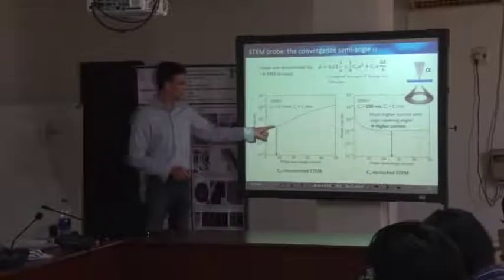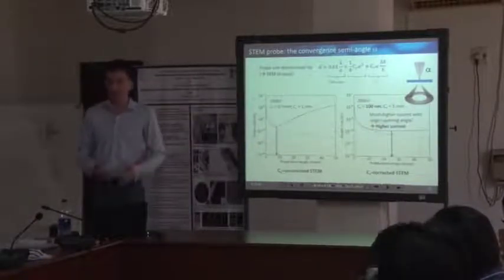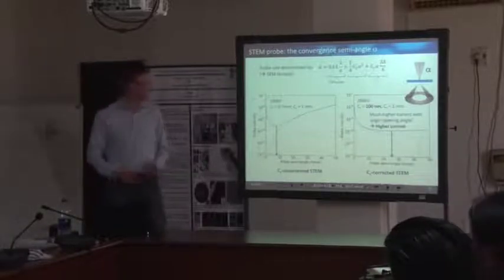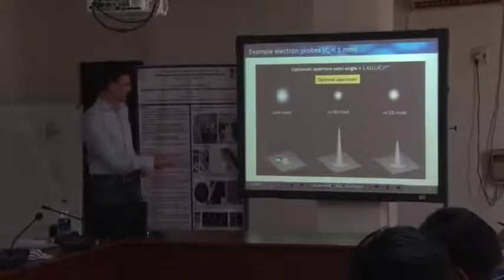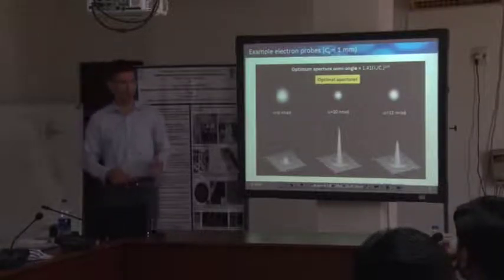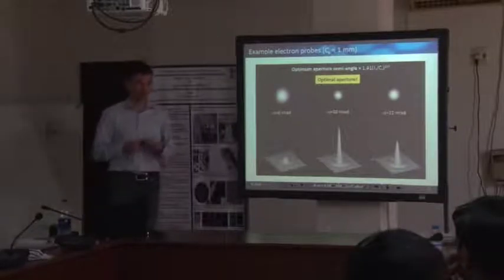But even for smaller apertures, one might think that you could enhance the size of your probe by just using a smaller aperture. But due to the diffraction error at the aperture, we even get a broader probe. So it doesn't make sense to go to smaller apertures to gain resolution. So there's one optimal aperture for each of the microscopes.